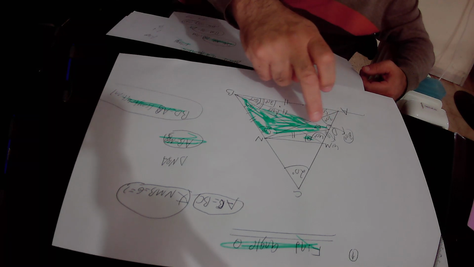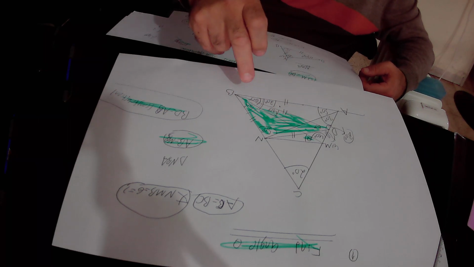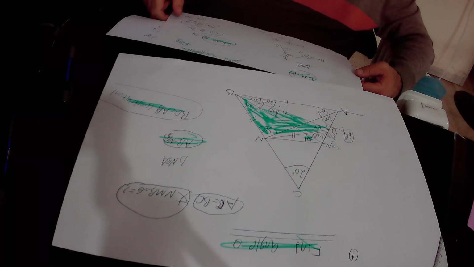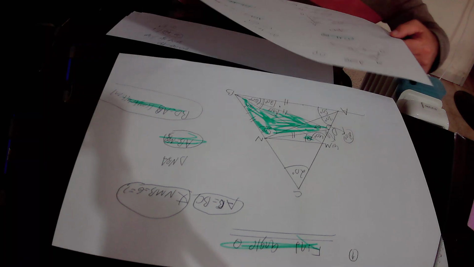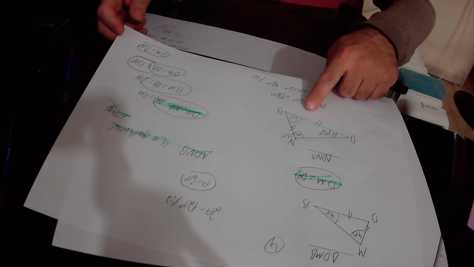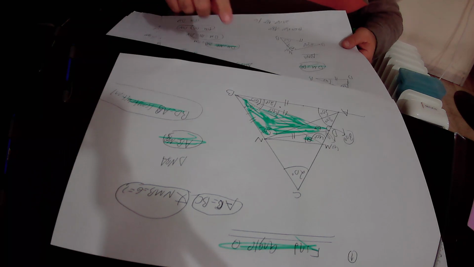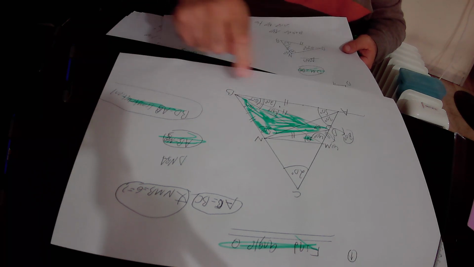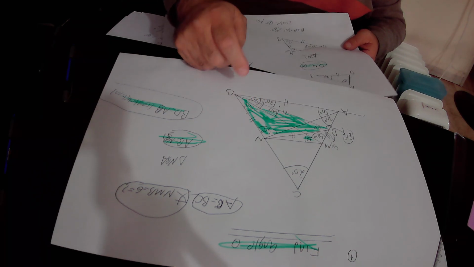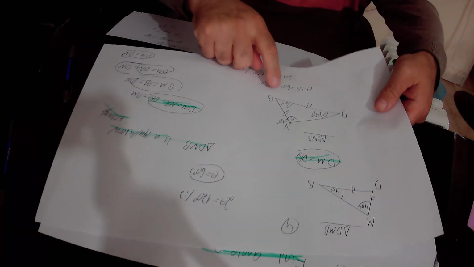So I copied triangle DNB in a new page and we analyze it. This is triangle DNB that I copied from the original drawing. This angle NBD equals angle ABD, which is 40 degrees plus 20 degrees, that is 60 degrees.